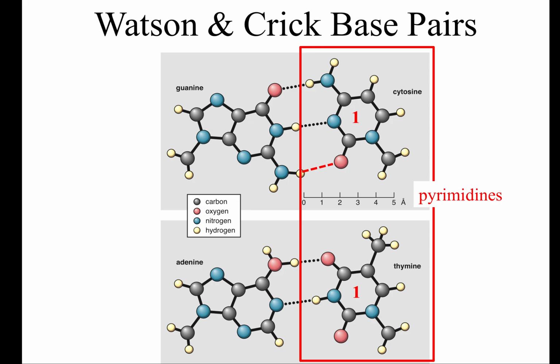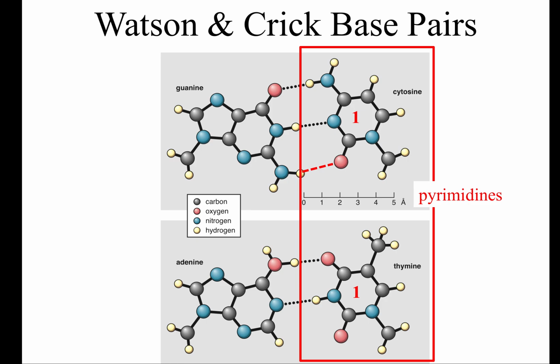C and T. There is another pyrimidine that we'll talk about when we talk about RNA. That's called uracil. That's another kind of base that's only in RNA. So uracil is a pyrimidine just like C and T. And C, U and T, U for uracil, make the word cut.